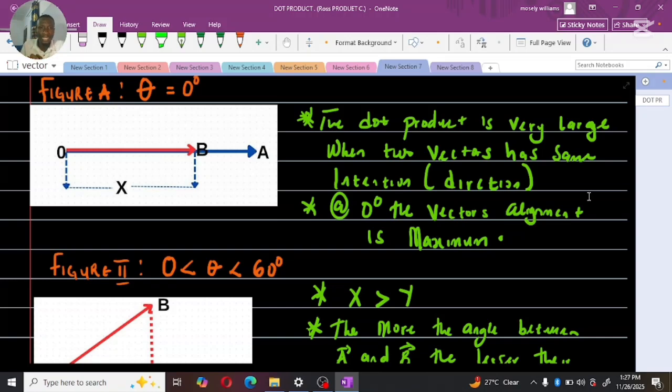If the angle between the two vectors is 0 degrees, their dot product will be very large, and some textbooks say it has maximum alignment. But once you begin to increase the angle between them, their measure of alignment will decrease. Very simple and straightforward.